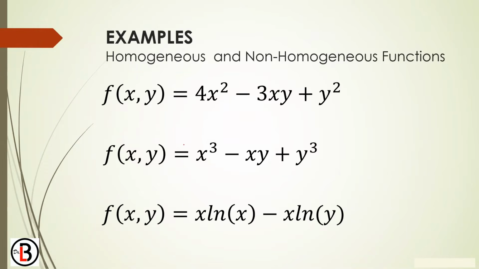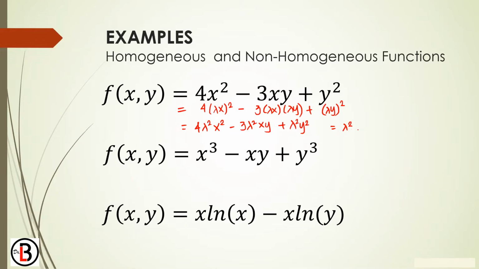So for example, this one: 4 lambda x squared minus 3 lambda x lambda y plus lambda y squared. So 4 lambda squared x squared minus 3 lambda squared xy plus lambda squared y squared. So I can bring out the lambda squared.